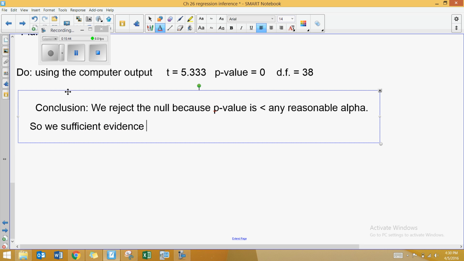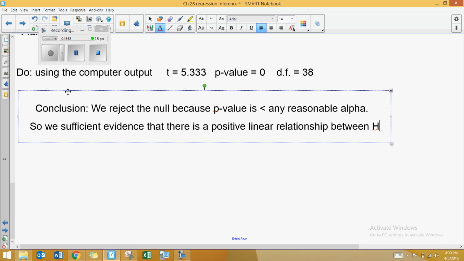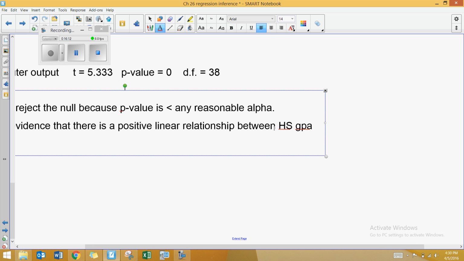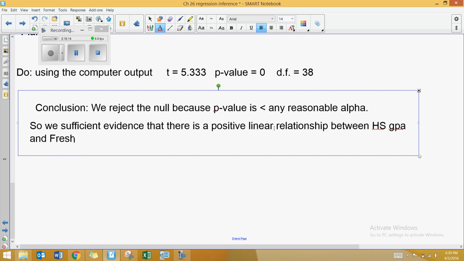We found enough evidence that there is a positive linear relationship between high school GPA and freshman year GPA.